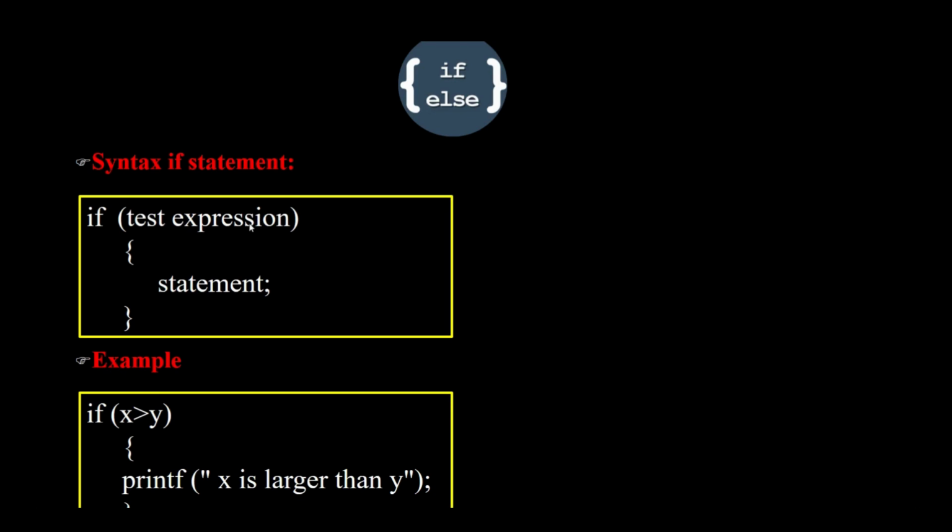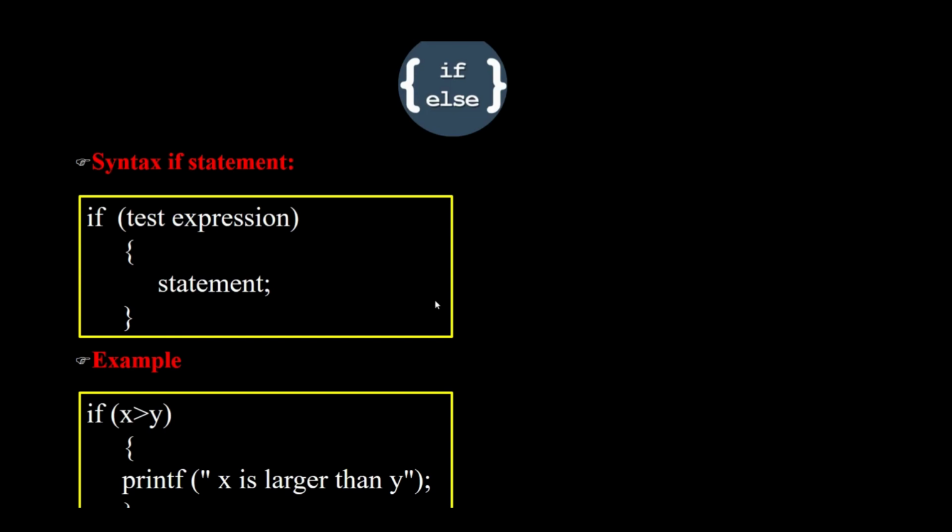So our code will be based on this test expression. If the test expression is evaluated to true, the statement inside the if will be executed by the compiler. So the compiler will enter inside these curly braces. If the test expression is evaluated to false, the statement inside the curly braces will not be executed and will be ignored by the compiler. So the compiler will not enter this code.